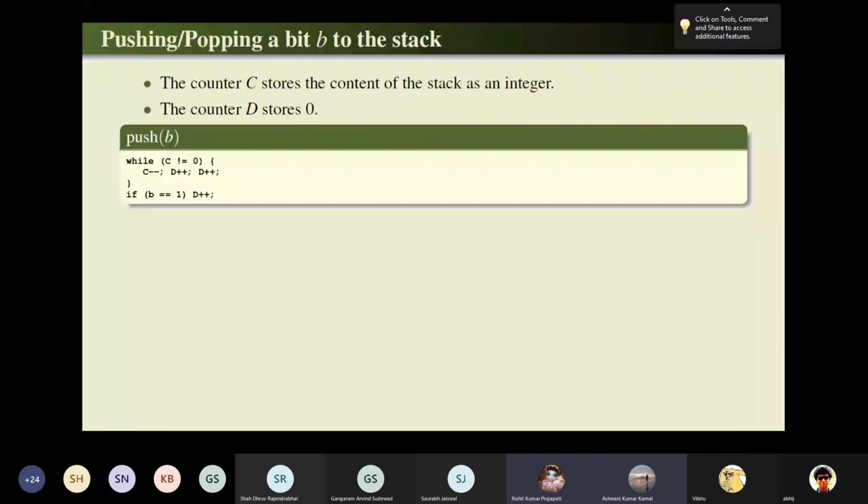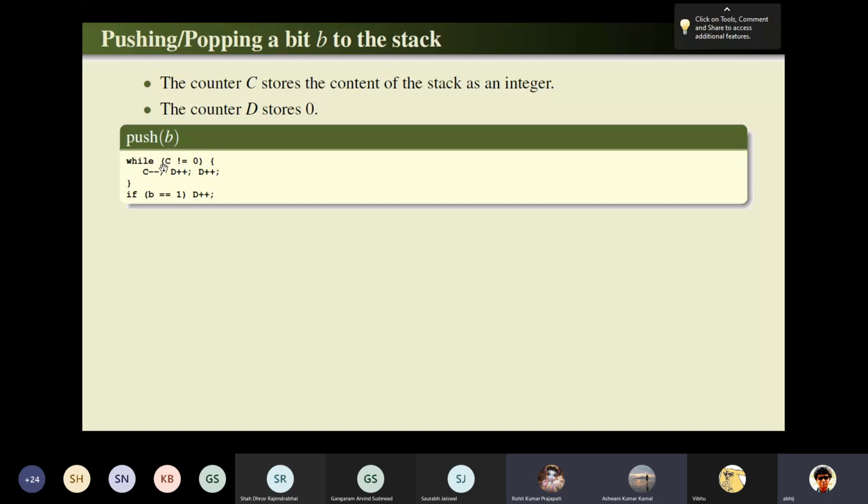D is 0, and C is starting from the value that the counter or the stack is supposed to store. Now, look at this simple program, which the counter automaton can definitely do given the 4 primitives: check for 0, increment, decrement, and look at the most significant bit. Here I do not need to look at the most significant bit.